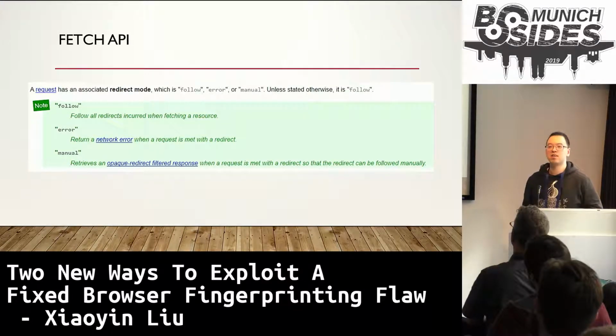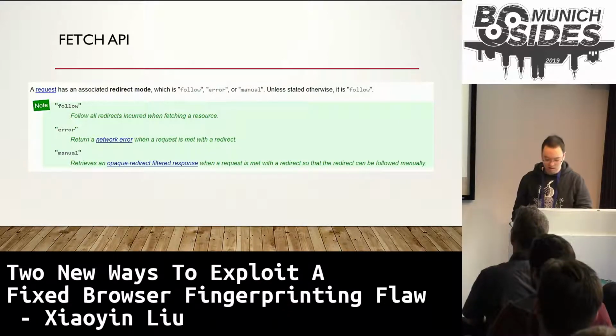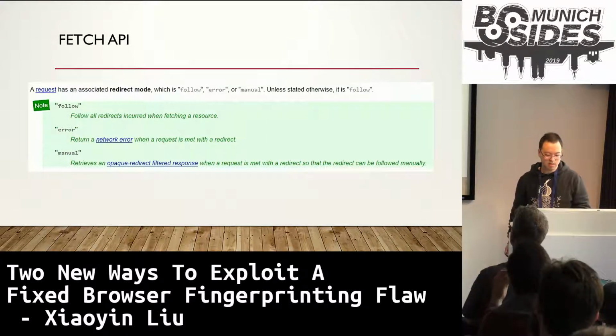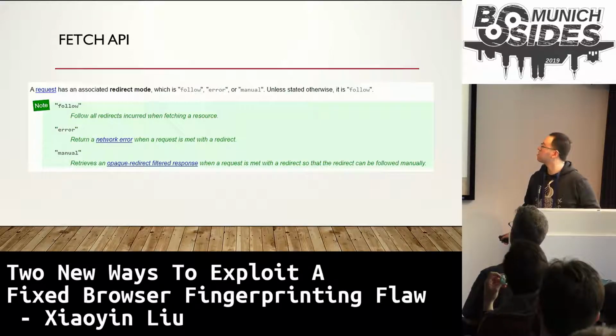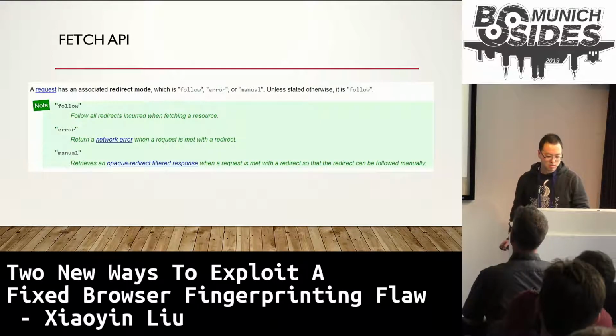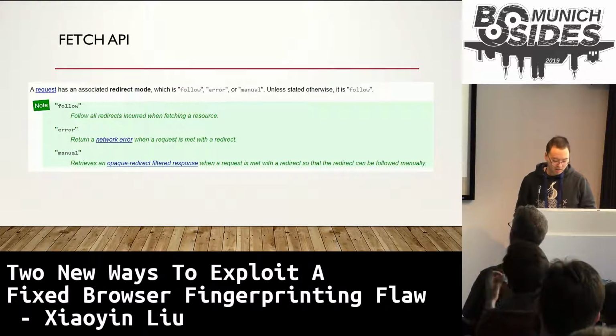The Fetch API is a quite new JavaScript API that allows you to retrieve a URL. The very good thing about the Fetch API is that it allows you to customize the request. One of the features is the redirect mode. The redirect mode has 3 values: follow, error, or manual.